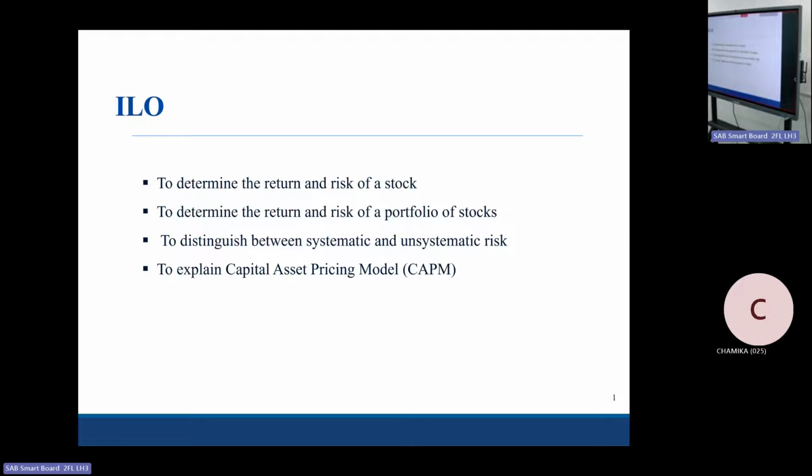When we reach the end with the capital asset pricing model, you will realize what is systematic risk and unsystematic risk. I will explain this CAPM model, related to systematic risk, very briefly. So this is like a story. At the beginning, you might feel that it is very boring.